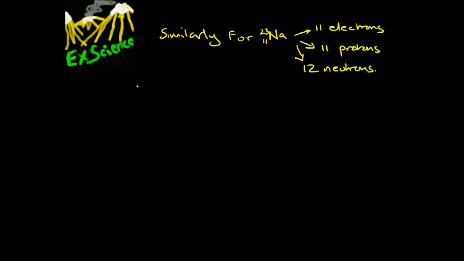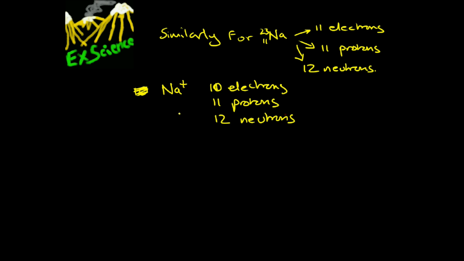Now sodium loses an electron quite easily, so 11 minus 1 electron would be 10. So for the sodium ion, which is Na plus, there are 10 electrons, 11 protons, and 12 neutrons. This is a sodium ion.